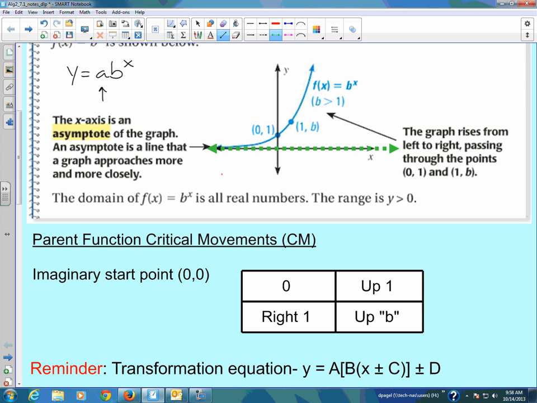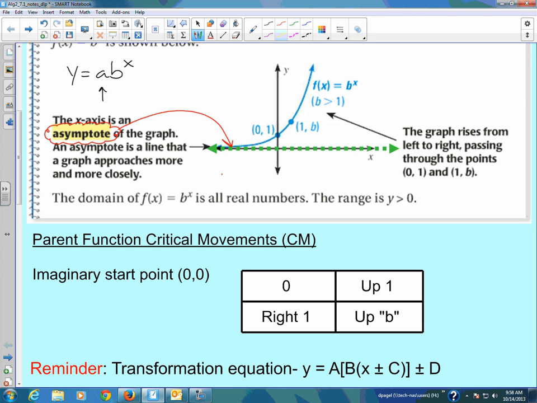Or in a vertical asymptote case, which we'll get to when we talk about logarithms, we won't be crossing the vertical asymptote. There are other types of asymptotes, or oblique asymptotes, as well, but we won't be getting into those right now. So, asymptote: a line that your graph approaches more and more closely. And yes, we do need to make sure we include the line, which is that dashed green line there, when we graph our exponential functions.